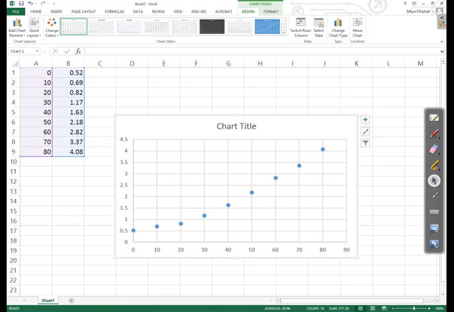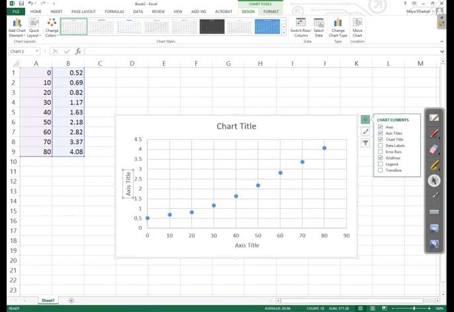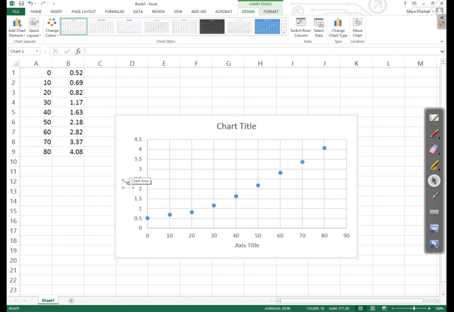The first thing you wanna do is add your axis titles. So what would be on the y-axis? Population in million. So it's very important that you include that. What would be on the x-axis?